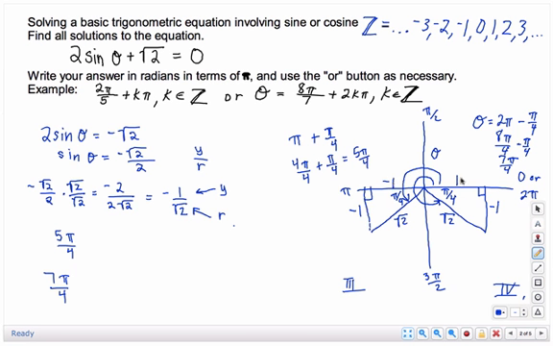So once you get these answers, I'm going to say plus 2 times k times pi, where k is an element of the integers. And so it gives me my answer with one rotation, or less than one rotation, and then any extra rotations around. I could rotate around here 5 times. If k was 5, that would represent 5 extra rotations around, plus going to 5 pi/4 after that.